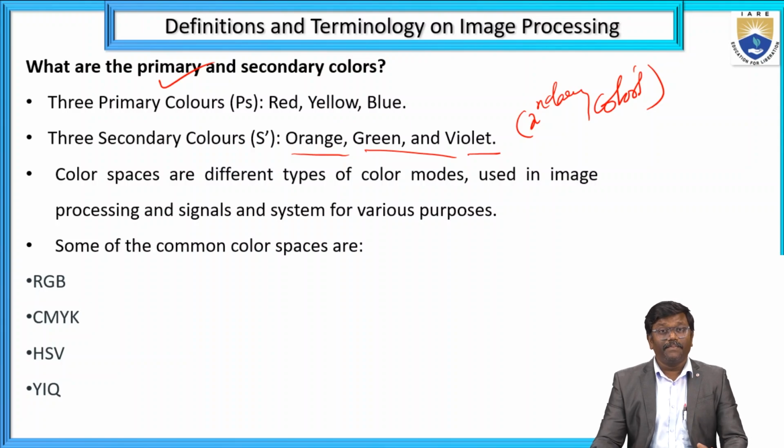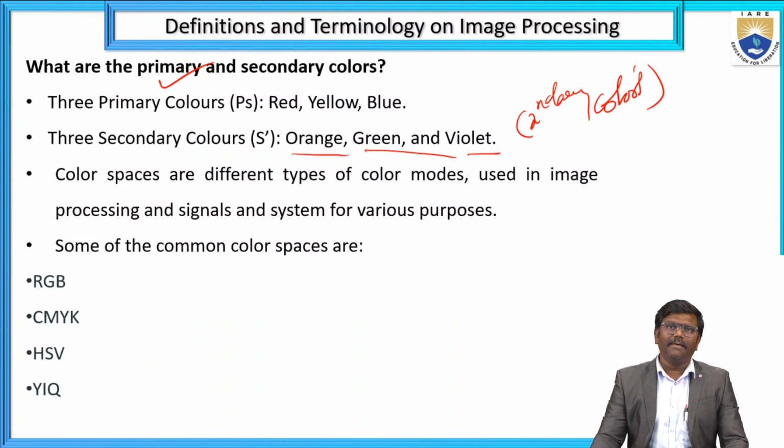That is the purpose of such a definition of primary and secondary colors, which we use for the purpose of image processing in signals and systems.